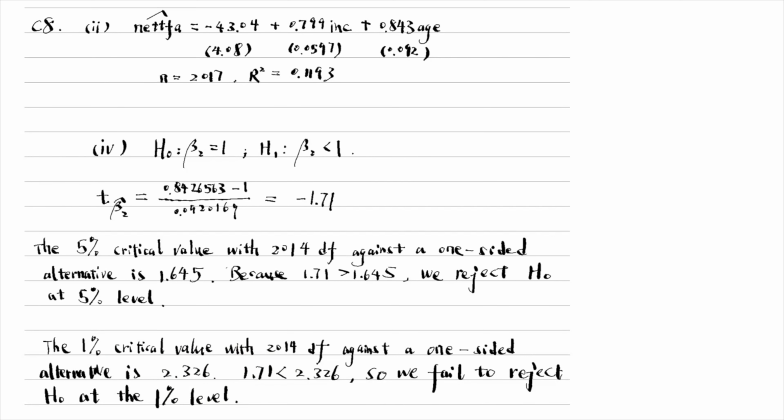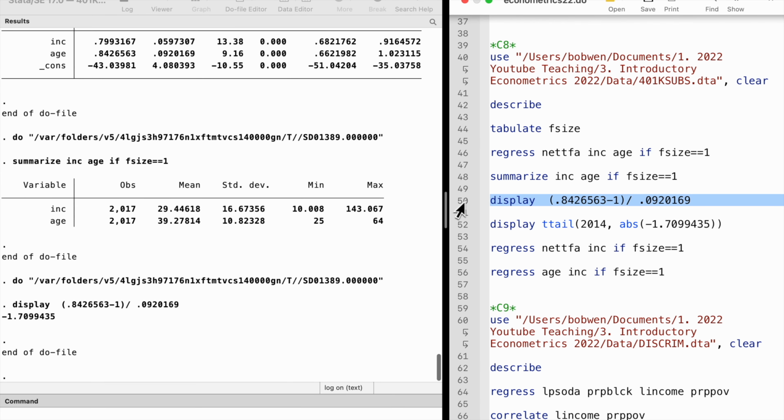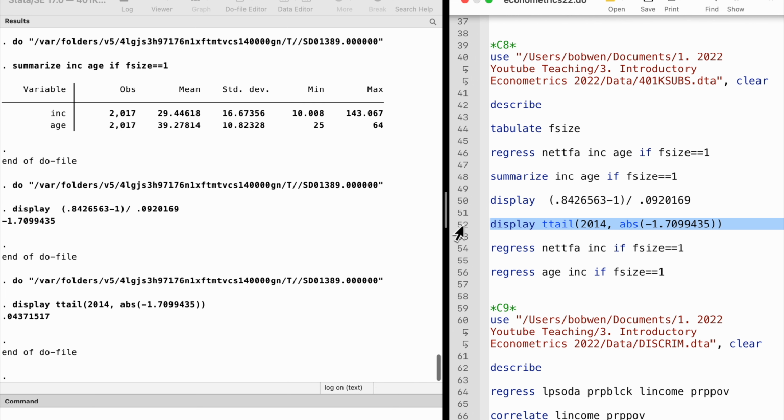Since the absolute value of the t statistic is below the critical value, we fail to reject the null hypothesis at the 1% level. Another method is to compute the one-sided p-value. We use the Stata command and it is 0.044. It means we could not reject the null hypothesis at a significant level below 4%.